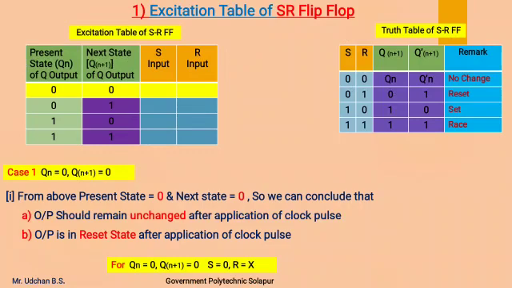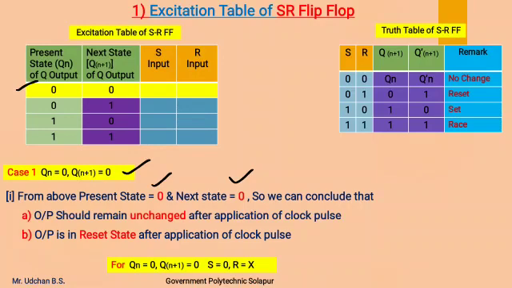Now we will see the first case in the excitation table, that is 0 0. Qn is 0 and Qn plus 1 is also 0, where Qn is the present state and Qn plus 1 is the next state. From this the present state is 0 and the next state is also 0.